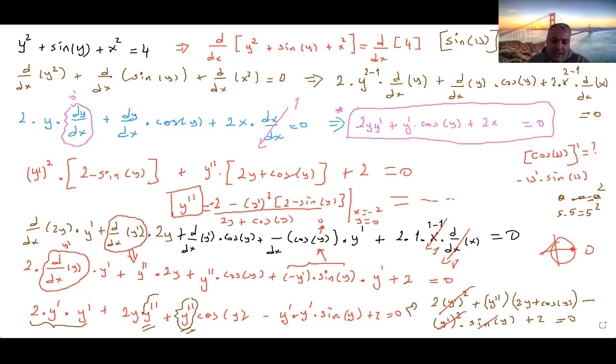Let me continue here. This is the thing what we got, right? Let us check that's okay or not. So 2y cosine y, check the denominator, 2y cosine y. Numerator, what it says, negative 2, which is here, okay? And then negative 2y prime squared, negative 2y prime squared. If you extend this, negative, it will be negative times 2y squared.